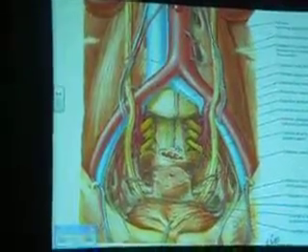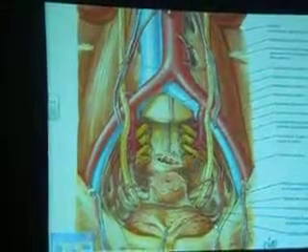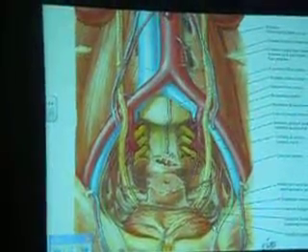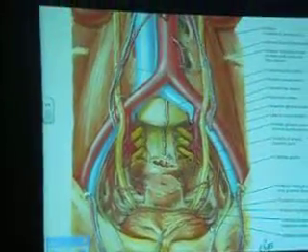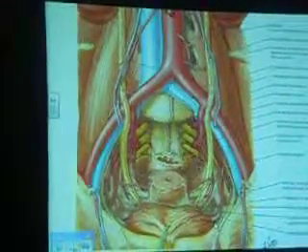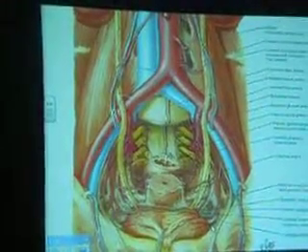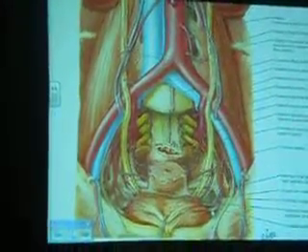So the urinary bladder has a tremendous arterial supply, and these arteries form a rich anastomotic network. The primary ones are the superior and inferior vesical, but they get additional branches from the uterine, vaginal, middle rectal, obturator, and inferior gluteal arteries.